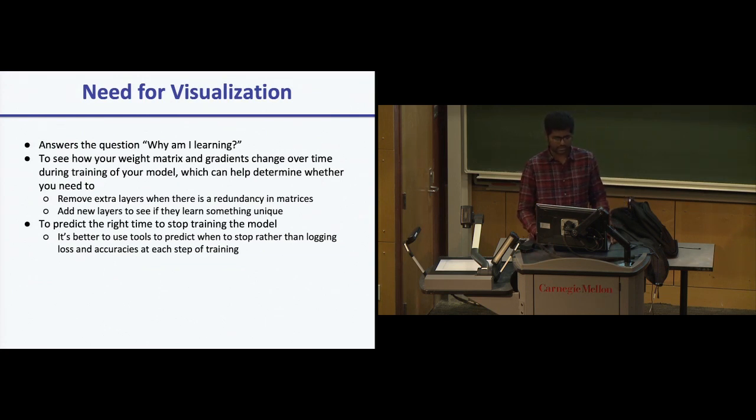Now, the need for visualization. The basic thing about looking at your model is not just seeing how the loss decreases or increases, and that wouldn't actually just give you how well your model is performing on the given data set. You'd also want to actually visualize on a larger scale.